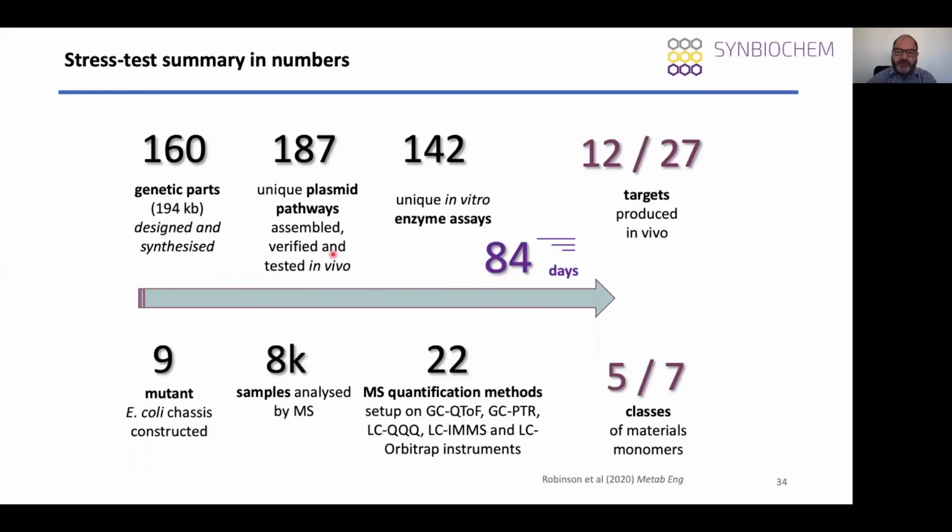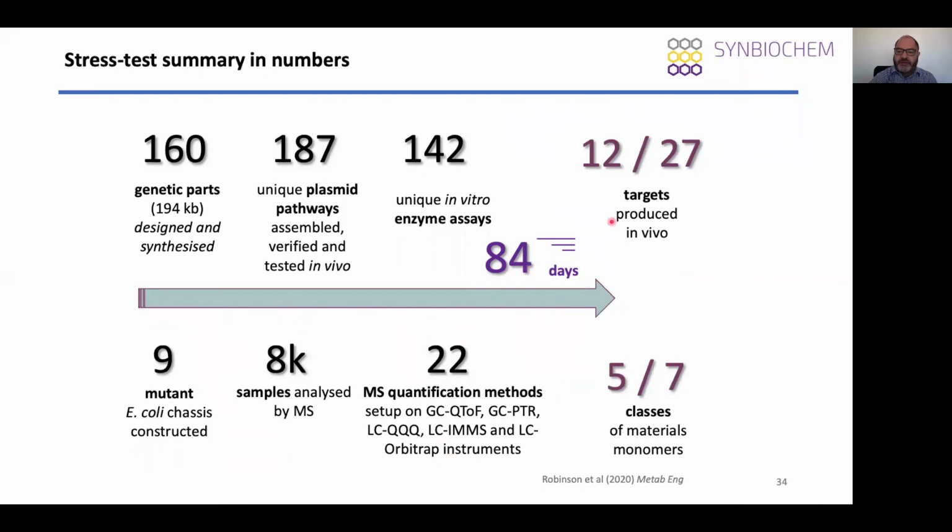So I like to put here a summary of numbers of what happened during these almost 90 days. It was possible to build 160 genetic parts, 187 plasmid pathways, 142 enzyme assays, also 9 mutant chassis, 8,000 samples were analyzed by mass spec, and 22 new methods were developed for mass spec.